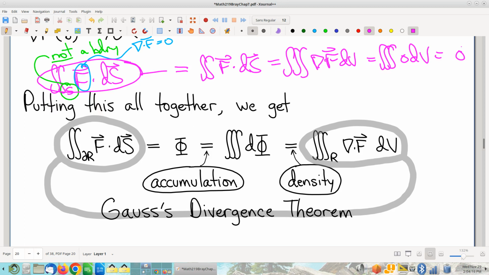And here's the thing. Almost all of this is garbage nonsense. Because after all, this only works if your domain is a boundary. By assumption, this S is not a boundary of anything. It's not a boundary, so you can't cite Gauss's divergence theorem.